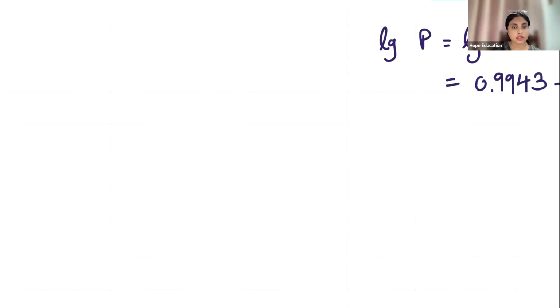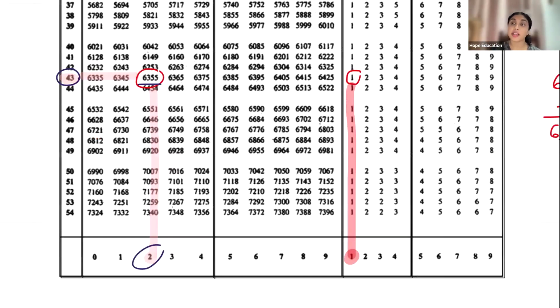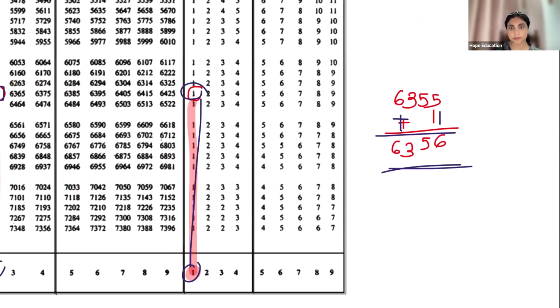So where is it? 43 is here, 2 is here. So the corresponding value is 6355. Then the last number is 1, which I take from the mean difference. Adding 1 to this gives 6356. Okay, Pasindu? Clear now? Okay.